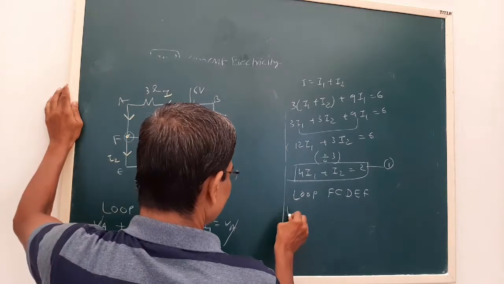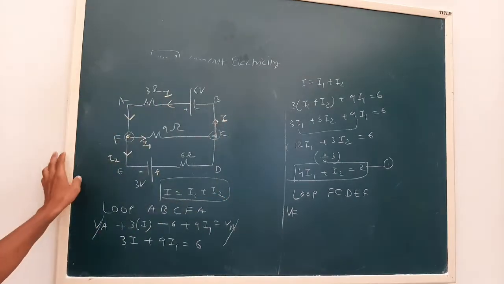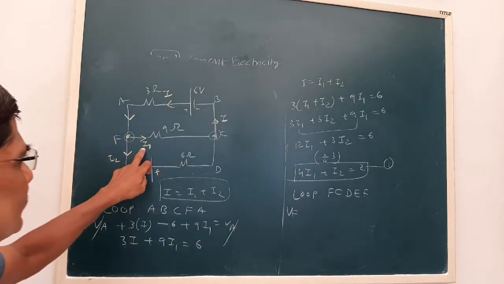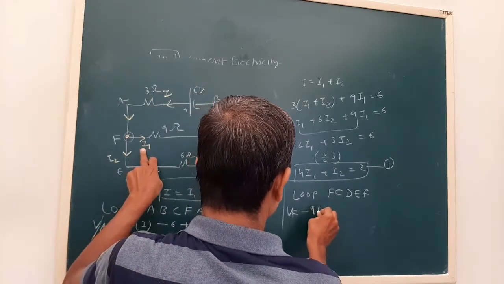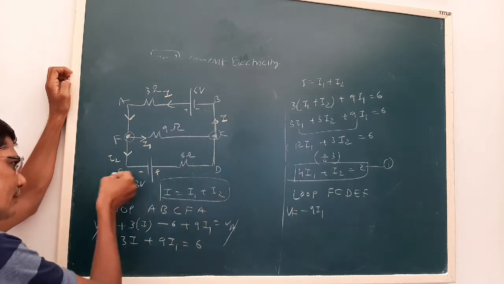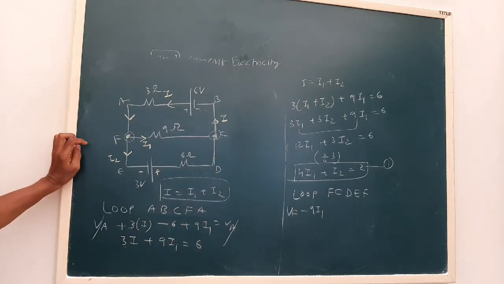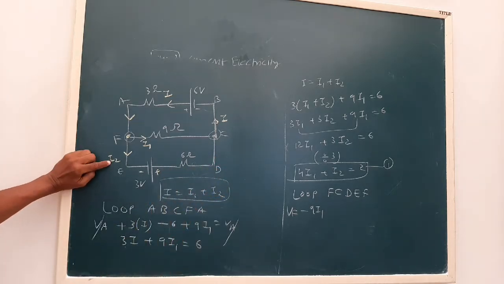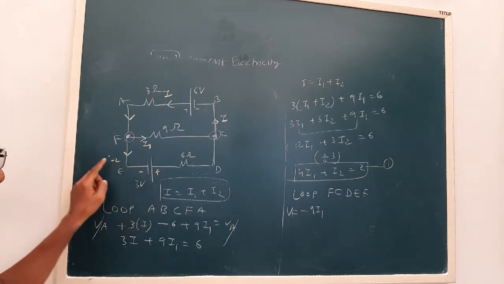Now we write the equation for the loop F, C, D, E, F. So we can write VF starting from F. FC direction, we are moving in the direction of the current, minus 9I1. Now from C to D, we move from D to E, so that is in the opposite direction of the current. So what is the current in this branch? That is I2 here.